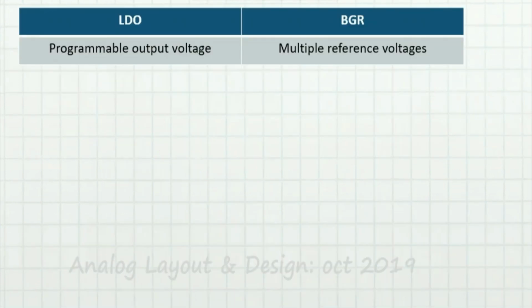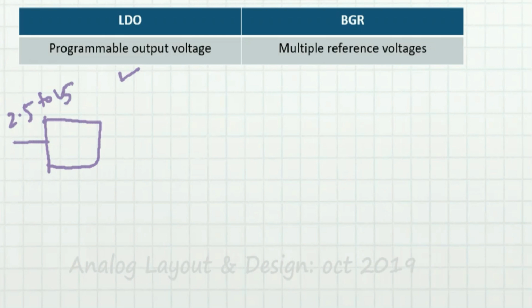So let's try to understand one more difference. LDO can have a programmable output voltage. So what do you mean by this? So I have an LDO like this. Input voltage will vary from say 2.5 to 5 volt. Output voltage is say constant 2 volt.